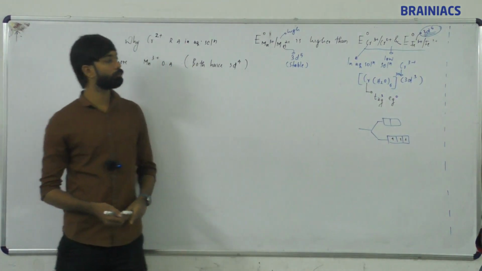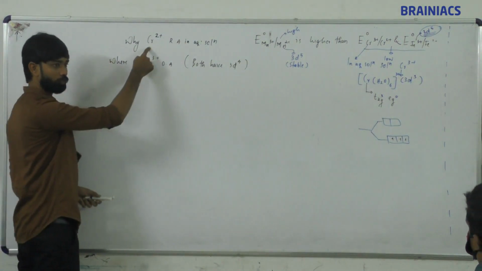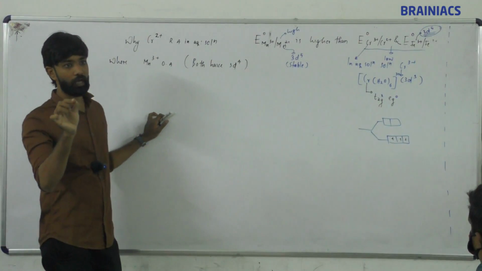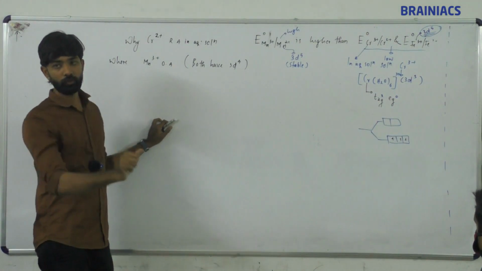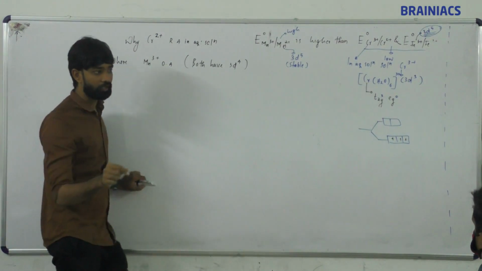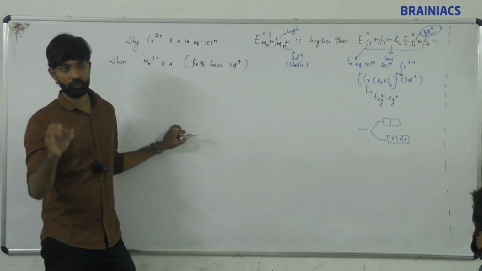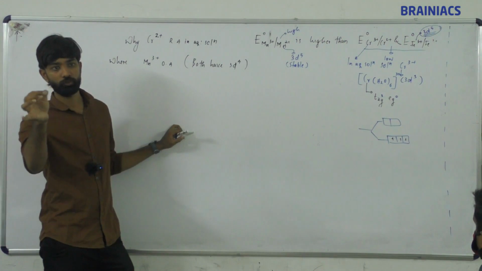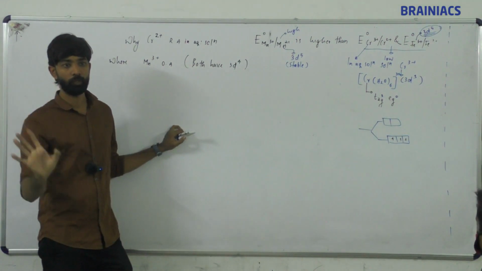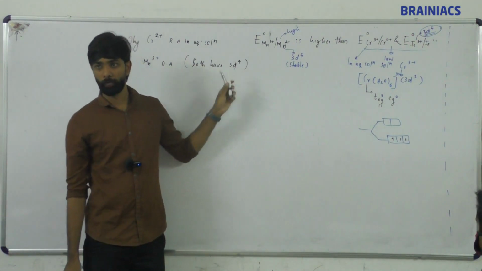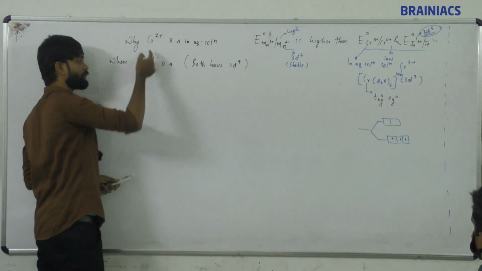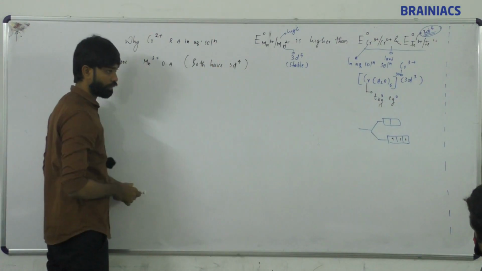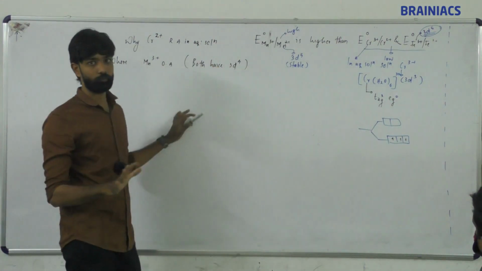Listen. For Cr2+, the configuration is 3d4. Chromium is argon 4s1 3d5; once it loses 2 electrons, it becomes 3d4. Manganese is argon 4s2 3d5; losing 3 electrons means losing 4s2 and one 3d electron, giving 3d4. So both have a configuration of 3d4, the same number of electrons.